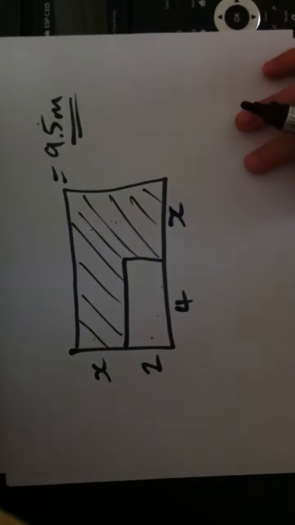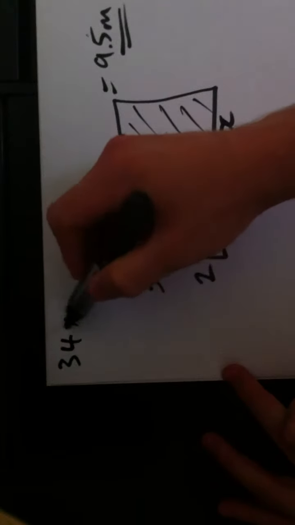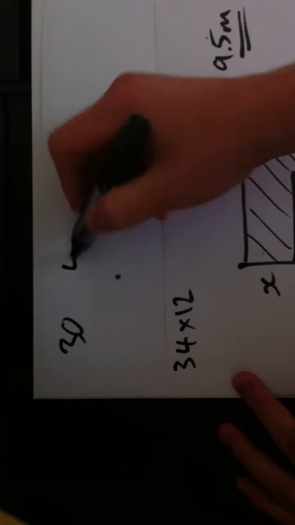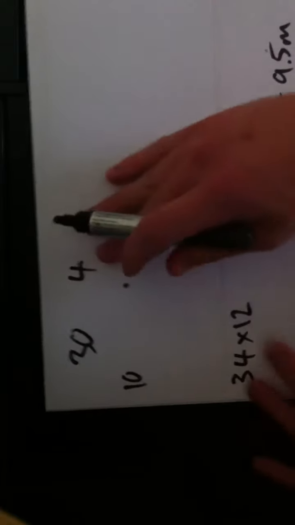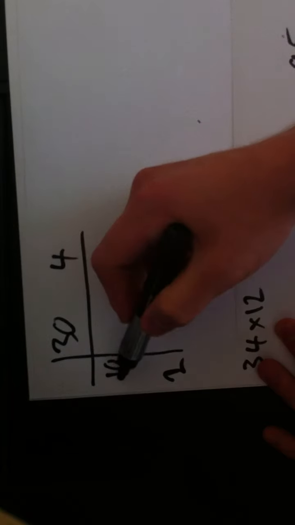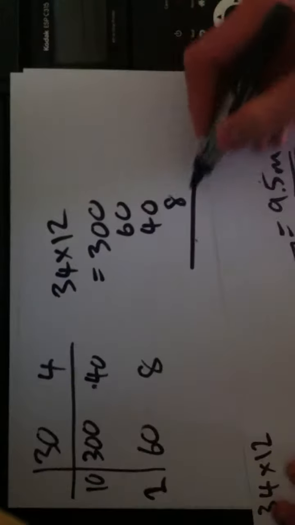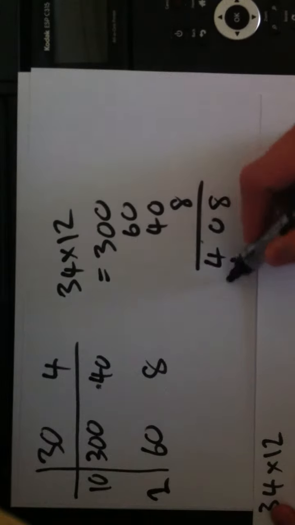And very simple, just like when you're multiplying two numbers together. If you had in this top corner 34 times 12, you can lay that out by going, here's 34, and that is 12, and you lay out your multiplication grid, and you go 3 times 1 is 3, so 30, that's 300, 10 times 4 is 40, 30 times 2 is 60, 2 times 4 is 8, and then going okay, well therefore 34 times 12 is equal to 300, 60, 40, and 8.